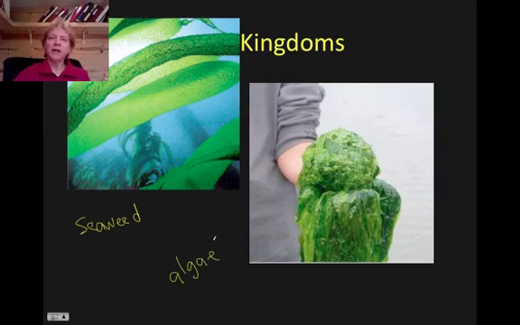In our body, we have veins and arteries that transport blood and nutrients and gases. In true plants, they also have organ systems, xylem for carrying water, phloem for carrying food. Seaweed and algae do not have that. So they are not considered a plant, but they are plant-like because they're green. They have chlorophyll, which means they have chloroplasts, so they can go through the process of photosynthesis.